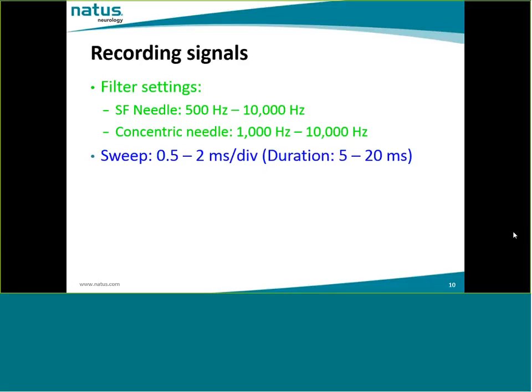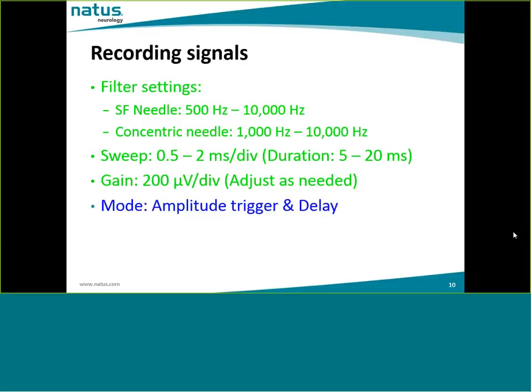That corresponds to a sweep duration of 5 to 20 milliseconds. We usually start the examination using a display gain setting of 200 microvolts per division. It can be adjusted as necessary.